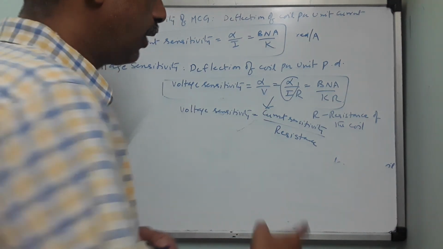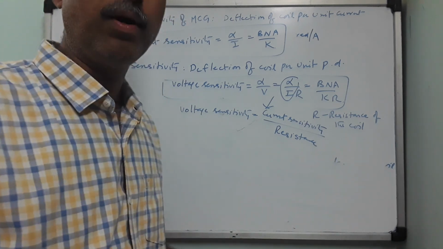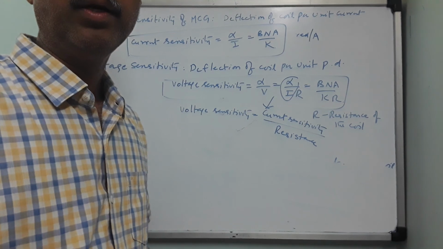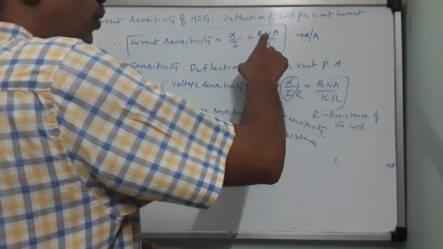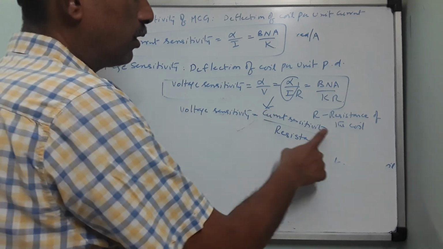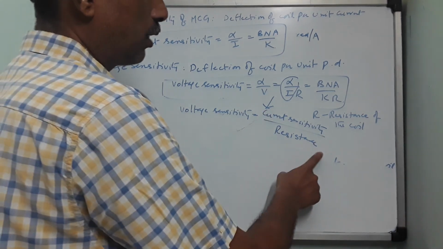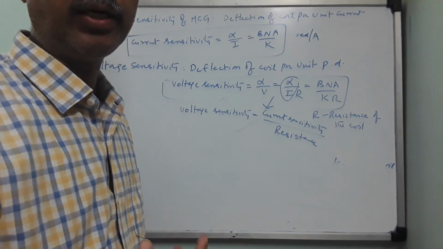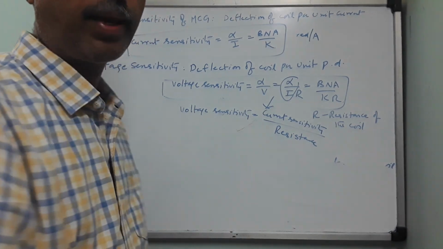If the length becomes double, the resistance also will become double. So current sensitivity becomes double, resistance also becomes double. This double will cancel each other, so voltage sensitivity will remain the same.